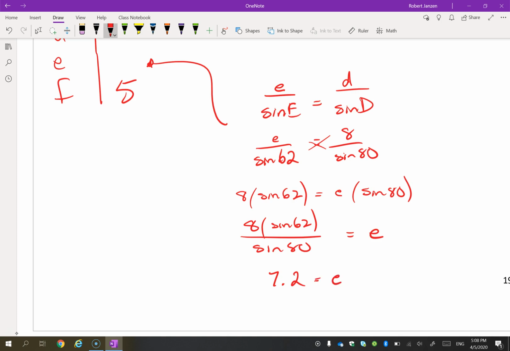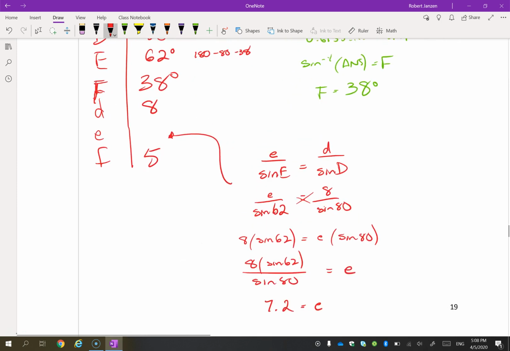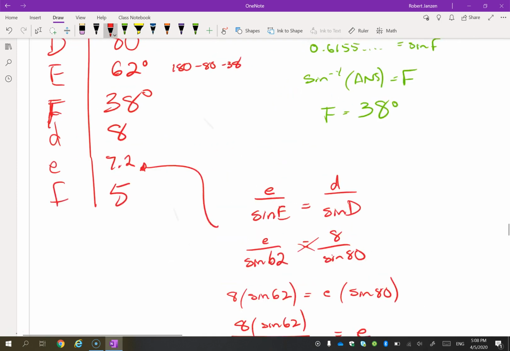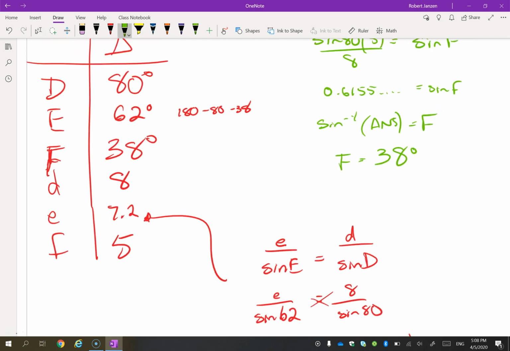Now before we accept that as our final answer, does it make sense? Well, if you look at this answer, which of these angles is the biggest? The biggest angle has the side that's the biggest across from it. The smallest angle has the smallest side.